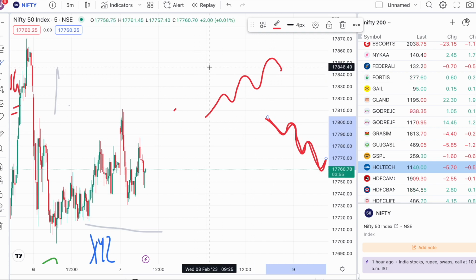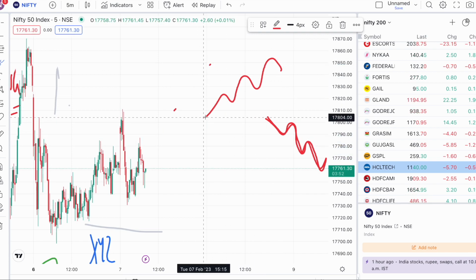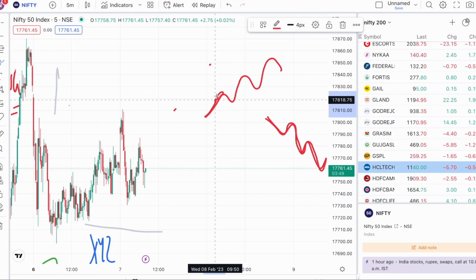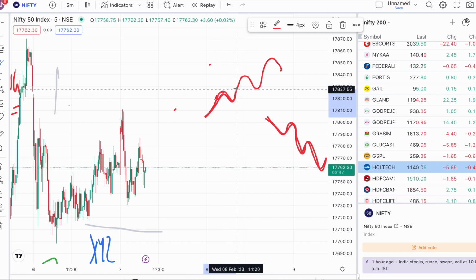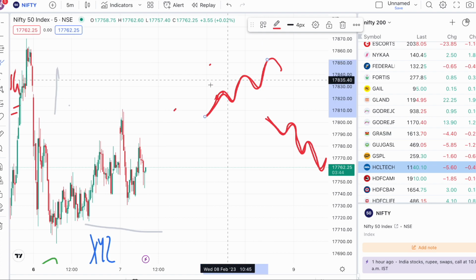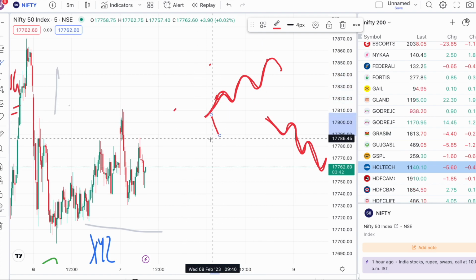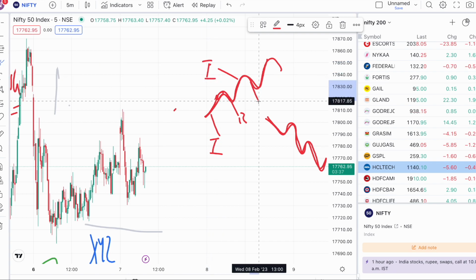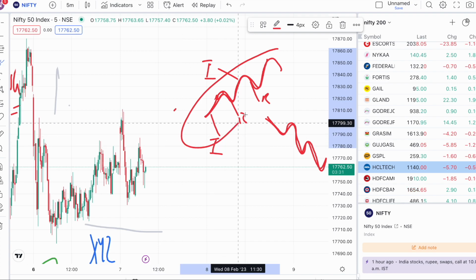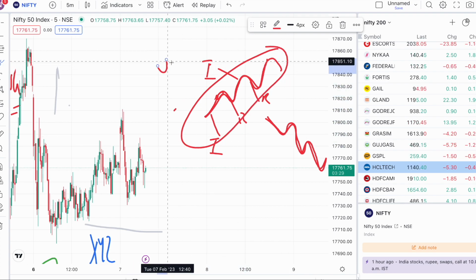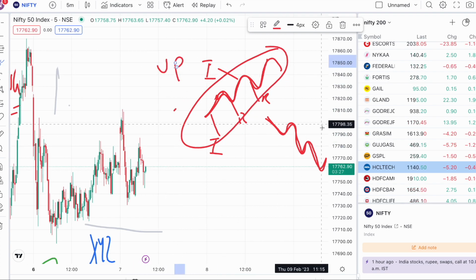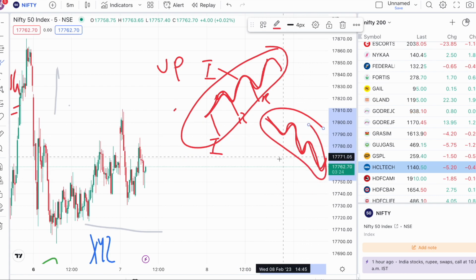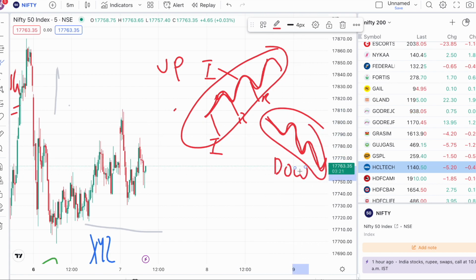So we have two structures over here. This is an impulsive move, this is a reactive move, this is an impulsive move, this is a reactive move. The first structure that you can see over here is called an uptrend, and this structure over here is called a downtrend.